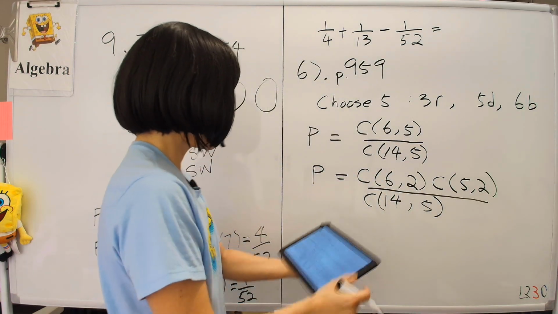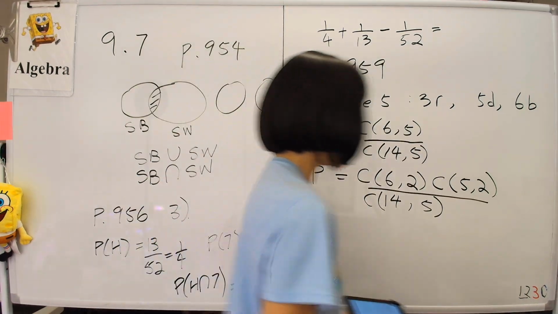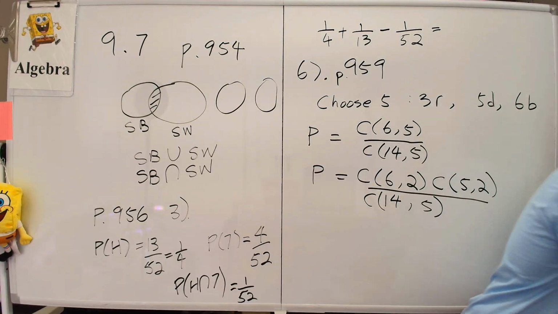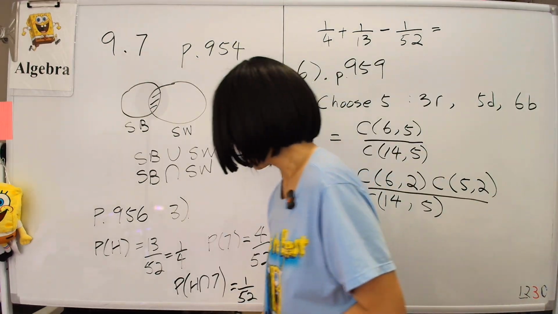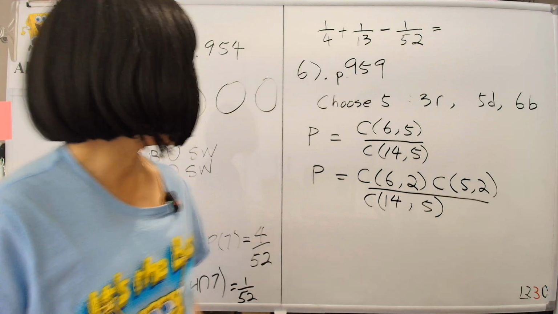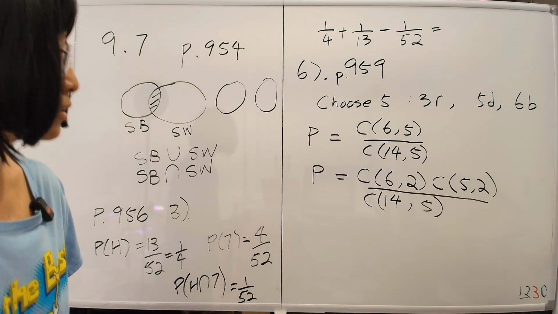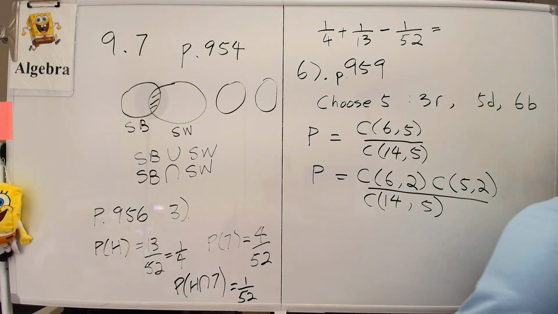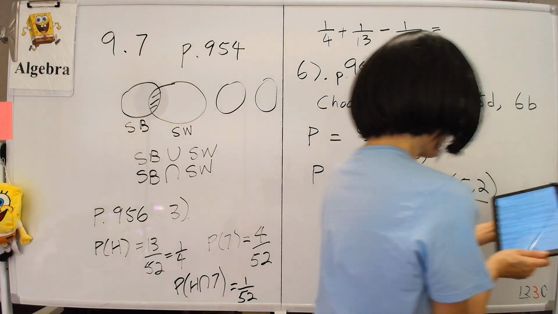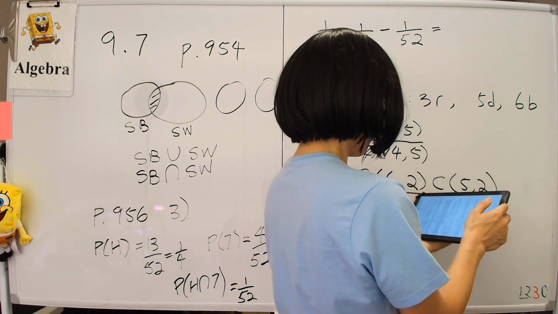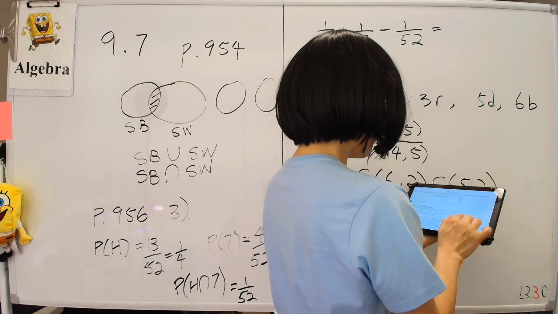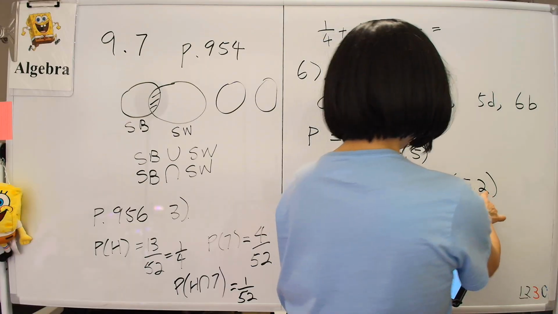That gives us the probability of choosing 2 bears and 3 dogs. Let me check what I have here: 2 bears and 3 dogs. Yeah, that should be a 3 here.